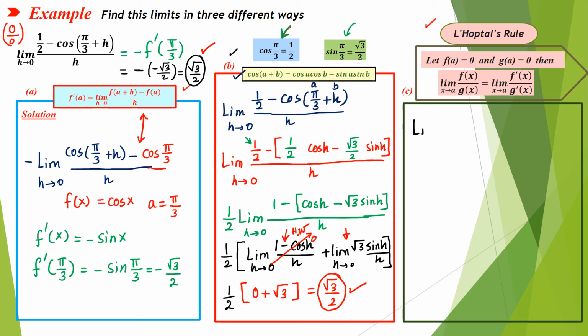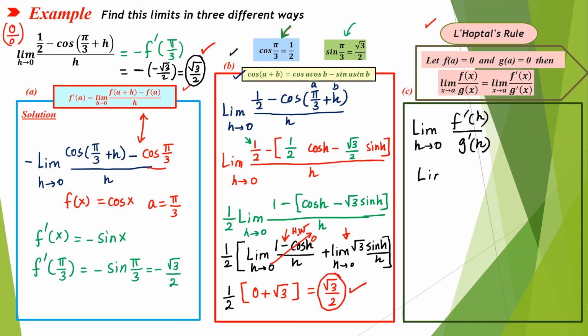So you have to find the limit of f prime of x divided by g prime of x when x goes to 0. Now pay attention that our variable in the limit is h. So you have to replace x by h because you have to find the first derivative with respect to h, okay, not x.